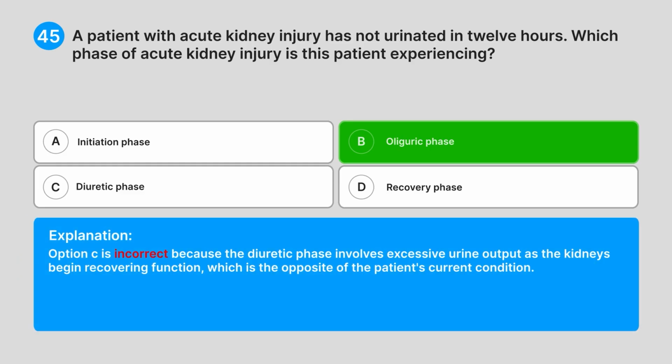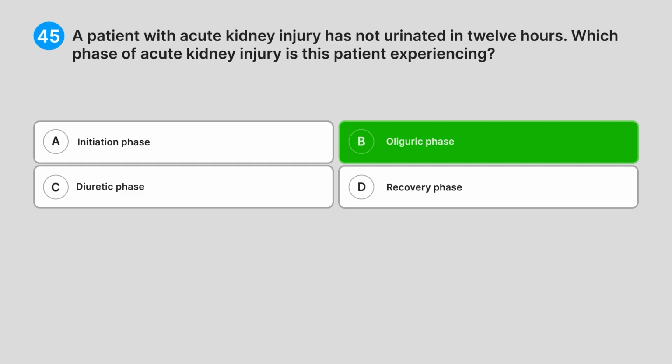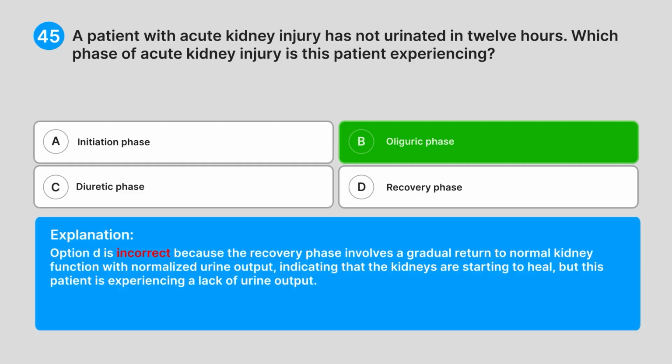Option C is incorrect because the diuretic phase involves excessive urine output as the kidneys begin recovering function, which is the opposite of the patient's current condition. Option D is incorrect because the recovery phase involves a gradual return to normal kidney function, with normalized urine output, indicating that the kidneys are starting to heal, but this patient is experiencing a lack of urine output.